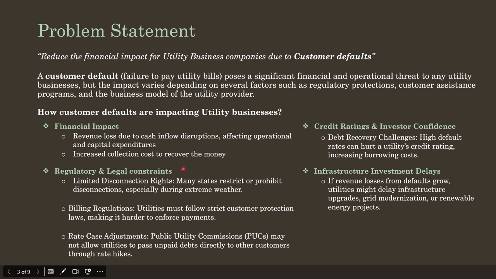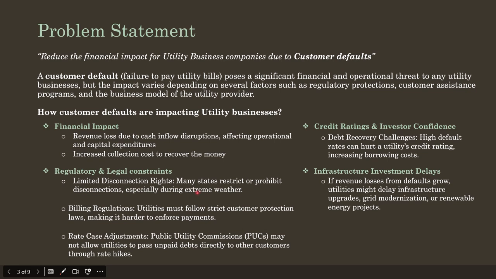Third, the regulatory and legal constraints. There are certain places where disconnection of services cannot be done upfront for customers. There are many states which have restrictions for doing so because of extreme weather conditions or the circumstances of that particular place.